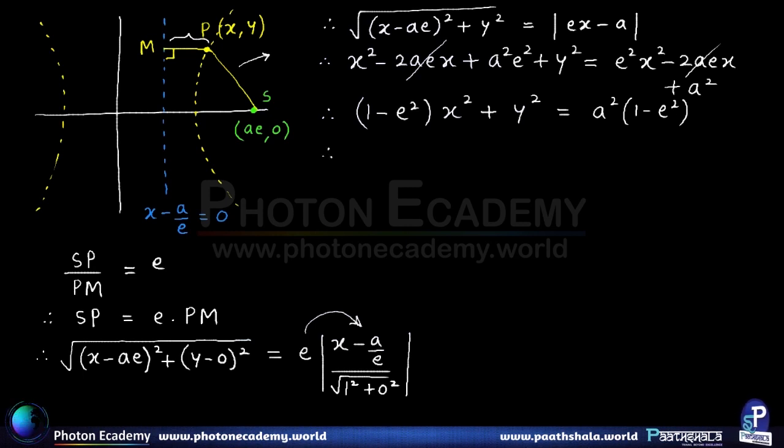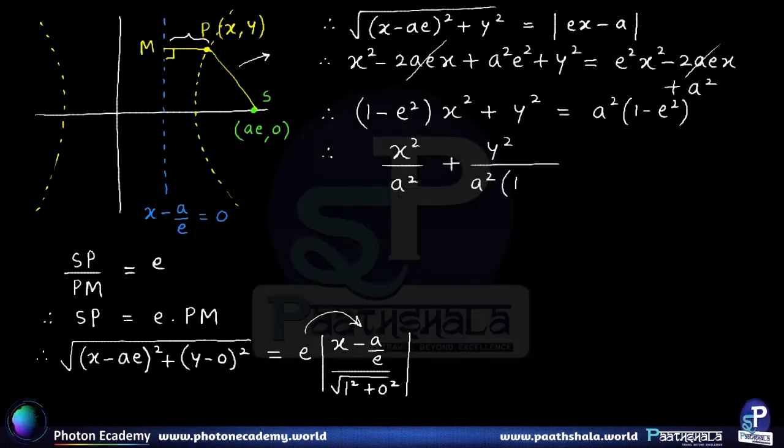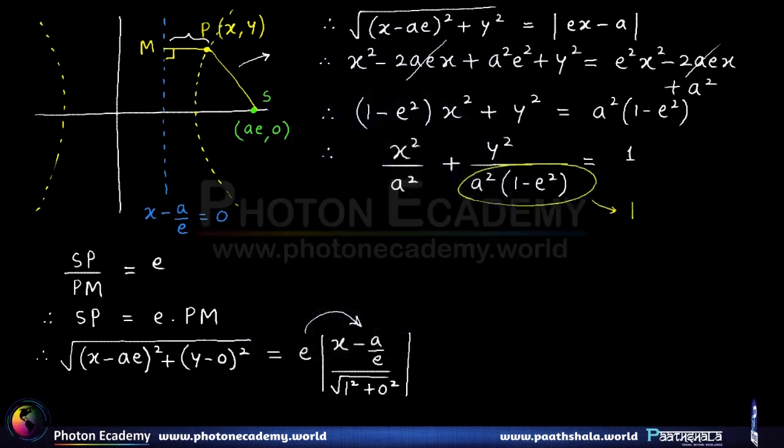So let's divide throughout by A square into 1 minus E square like we did for ellipse. So therefore we get x square upon A square plus y square upon A square into 1 minus E square equal to 1. Now comes the important point. If you remember, in case of the derivation of the equation of the standard ellipse, we had replaced this denominator as b square.